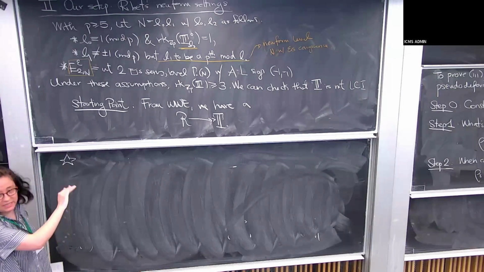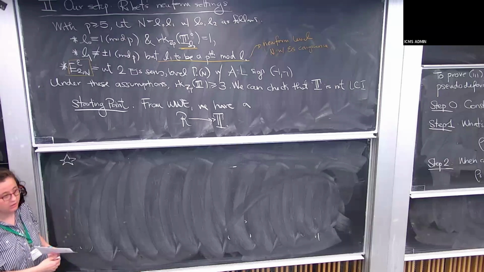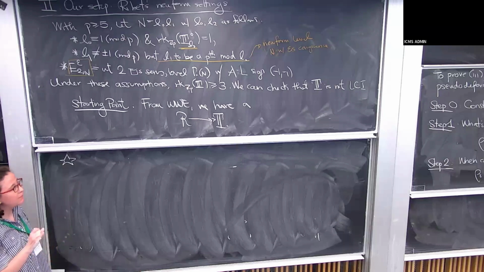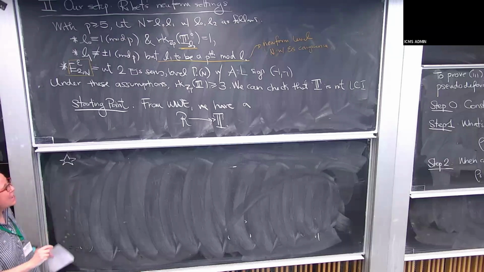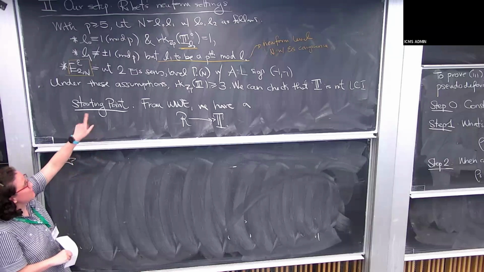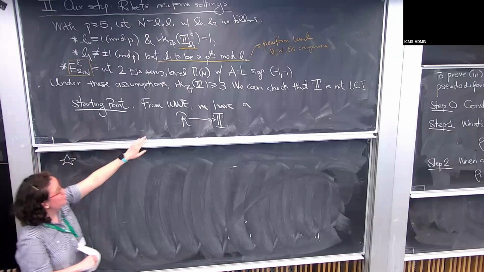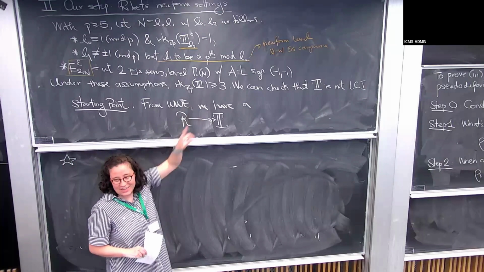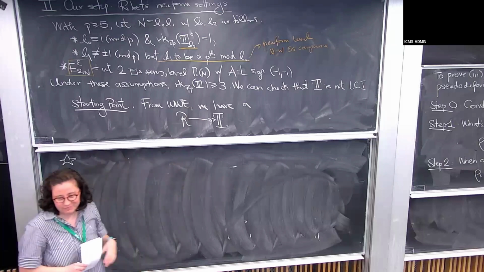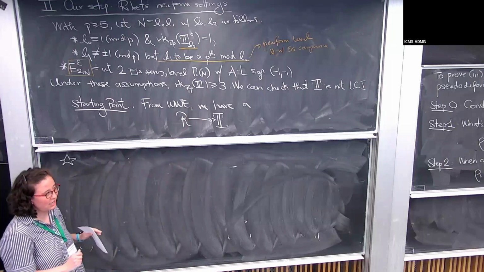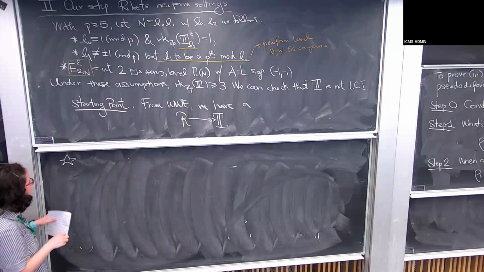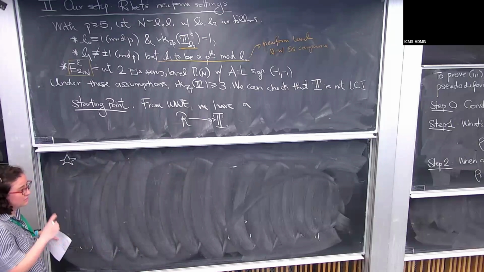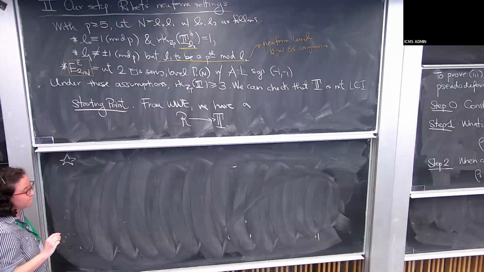Yeah, I believe that it's still not. I'm getting a little confused because I'm revisiting some of these settings with using U operators instead of Atkin-Lehner, and then nothing is well behaved. So whether that's LCI or not, it would be very difficult to do an R equals T theorem just for the Hecke algebra. I see.